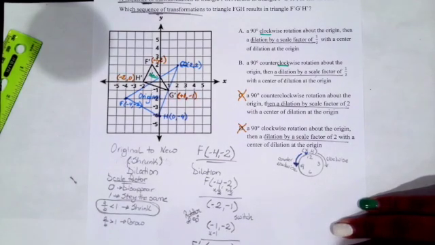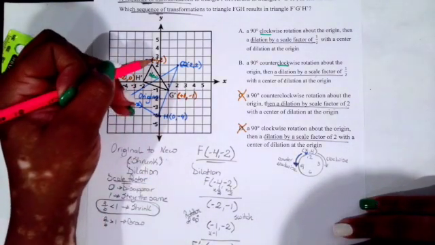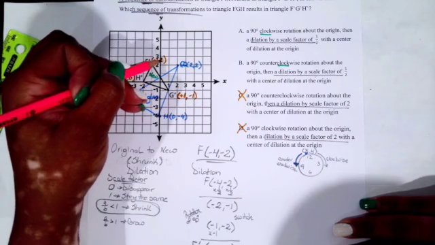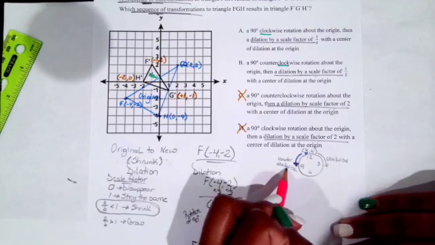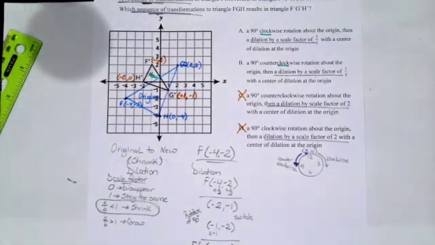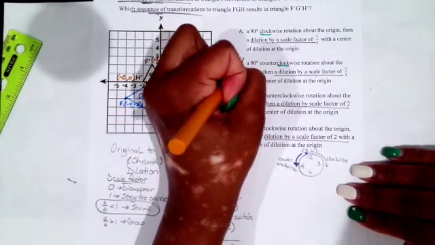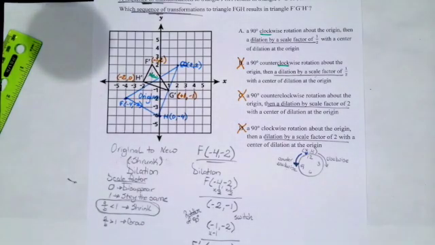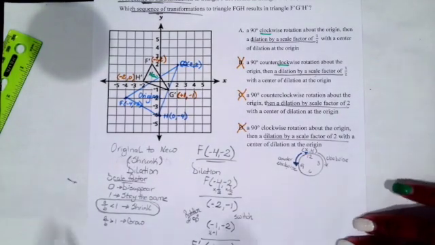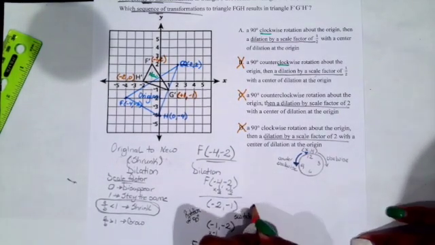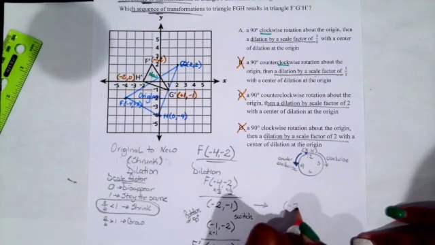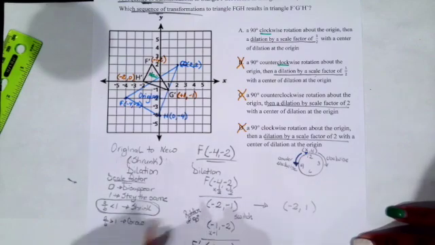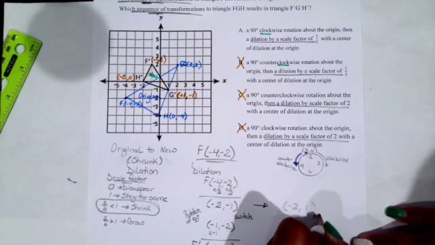Now, when I look at what F prime is labeled here, it is -1, 2. That is not the same. So it did not go counterclockwise. So I'm going to cross this out immediately. That means it had to go clockwise. So let's see. I'm going to start from this point where it was -2, 1, and then we switched it.